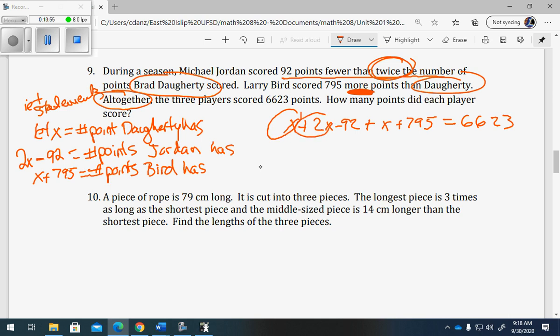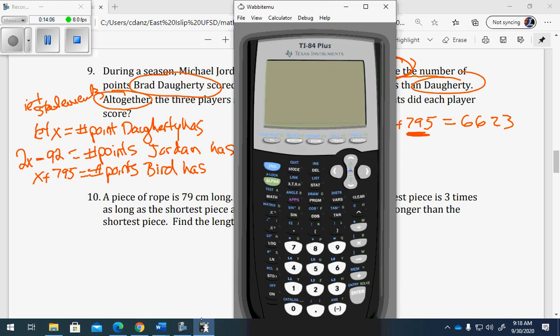So on this one, I'm going to do this one with you. We would combine like terms. So that's a 4x. And then I have to combine this negative 92 with the 795.